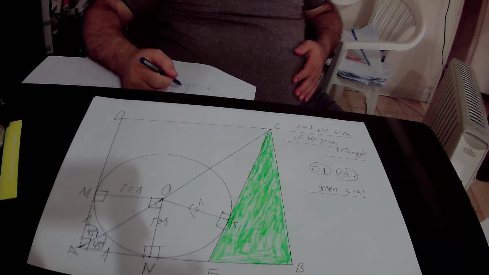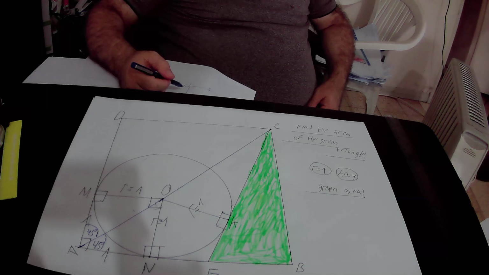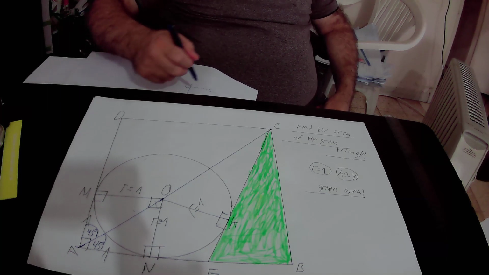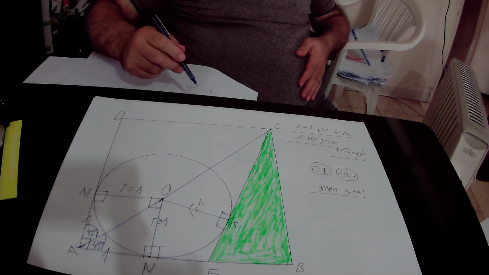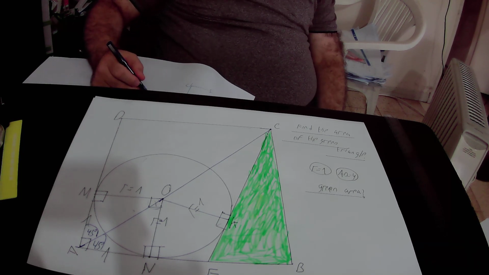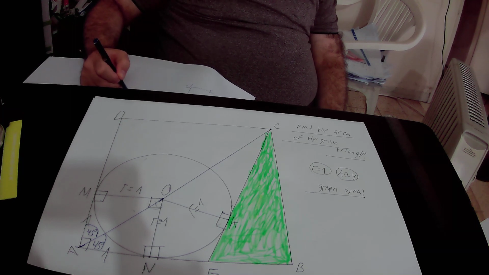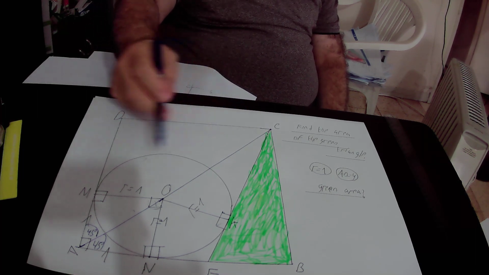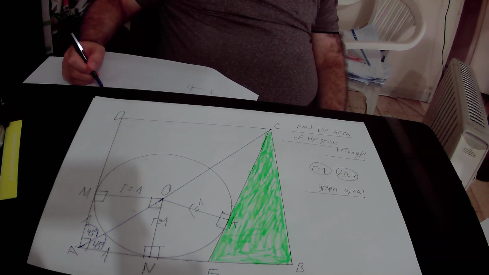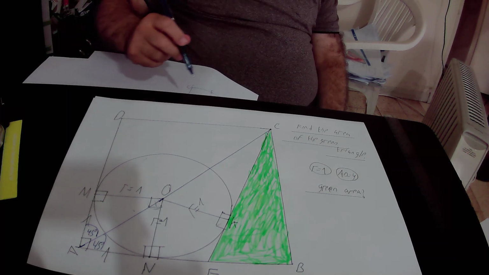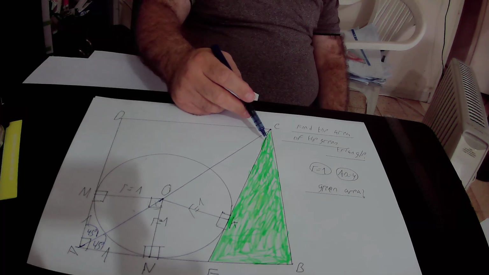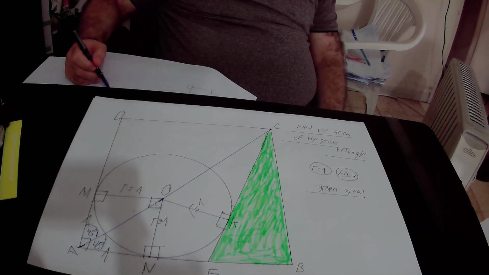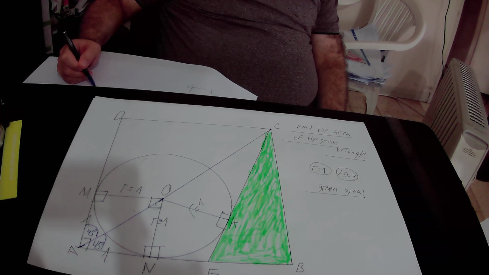Likewise, if you focus on the big square ABCD, the length of diagonal CA will be equal to the length of one side of square ABCD, that is to say 4 units, times square root of 2.